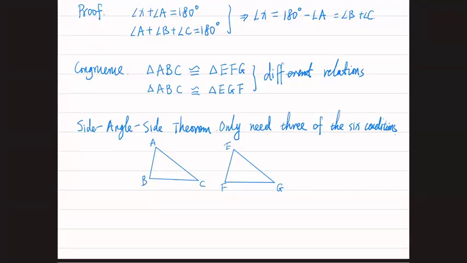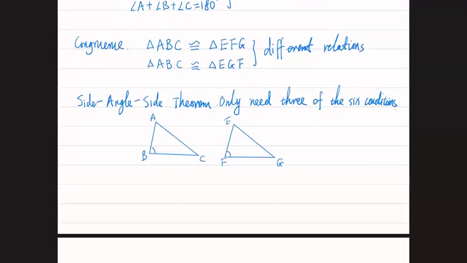If we pick angle B and angle F, this will be the angle condition. And the two sides, they must be the two pairs of adjacent sides to B. AB and EF, same lines.